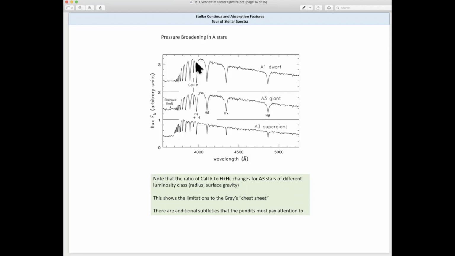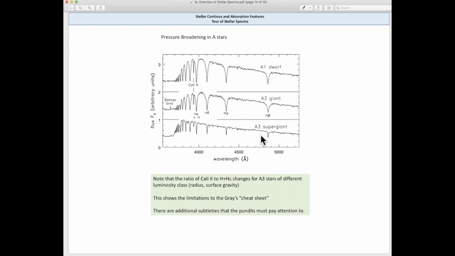And you'll notice here's our dwarf star, and it has the biggest lines, but the giant star has less strong lines, and the supergiant has the weakest lines. Yet they all are basically almost the exact same temperature.